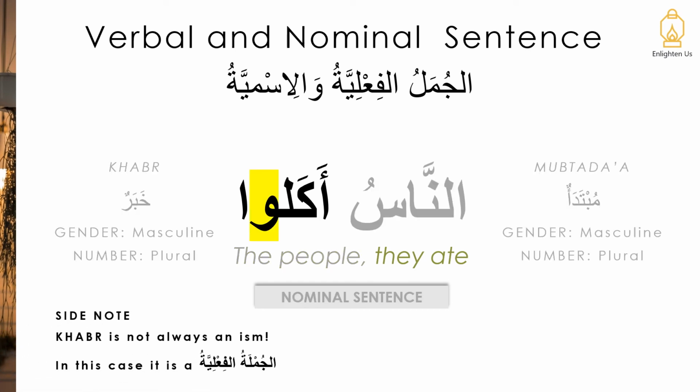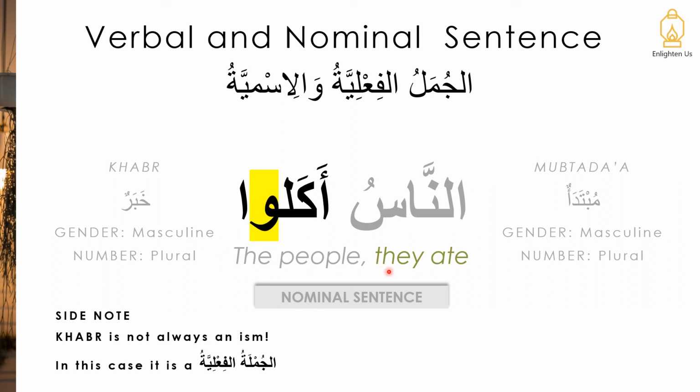There's a little side note to make, and we mentioned this briefly when we focused specifically on الجمل الاسمية, and we talked about the fact that the خبر is not always an ism. In this particular case, the خبر is a جملة فعلية. Now we say أكلوا is a جملة فعلية, not a fi'l, because as we talked about already, we have أكل being ate, but we know it's they ate because of this pronoun.